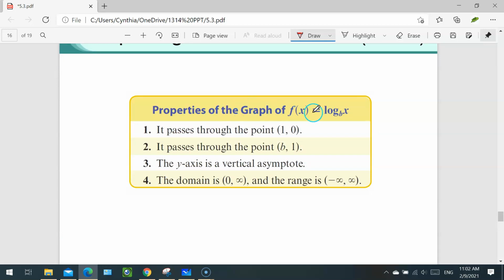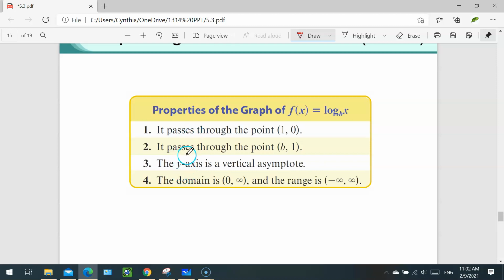Graph the logarithmic functions. Properties of the graph of f of x equals log base b of x. The logarithmic function passes through (1, 0) and passes through (b, 1). The y-axis is a vertical asymptote. The domain is 0 to infinity. The range is negative infinity to positive infinity. All the properties look very similar, right?